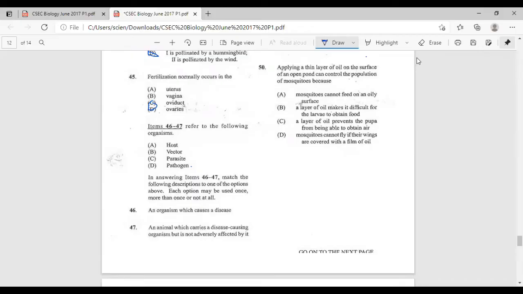An organism which causes a disease. So that's definitely a pathogen, so that's D. Then 47, an animal which carries a disease-causing organism but is not adversely affected by it. So that is a vector, which is B.